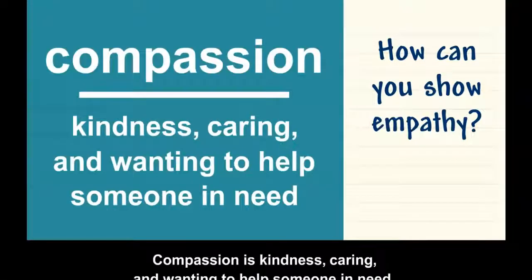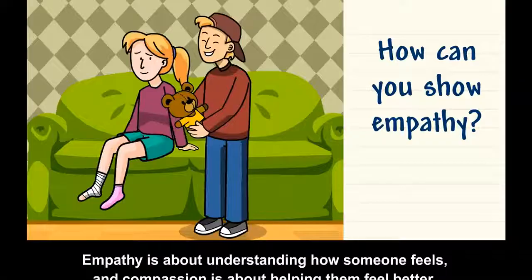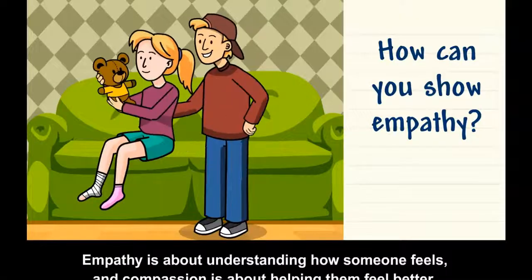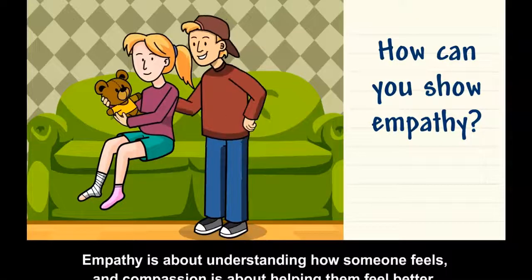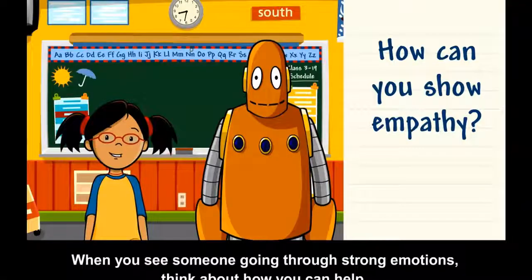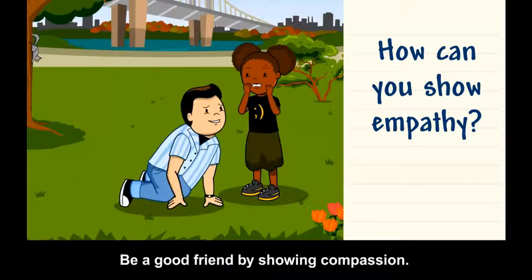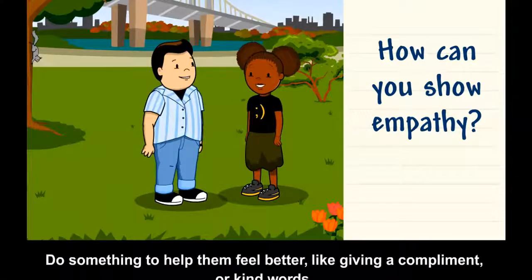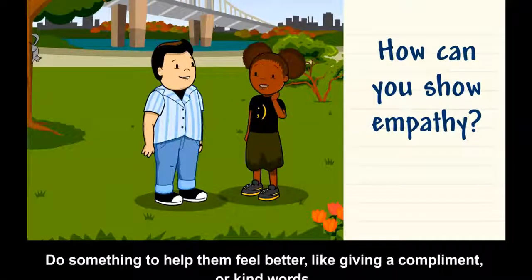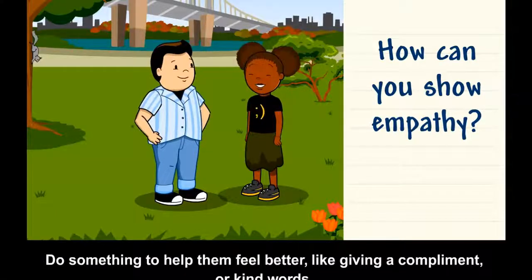Compassion is kindness, caring, and wanting to help someone in need. Empathy is about understanding how someone feels, and compassion is about helping them feel better. When you see someone going through strong emotions, think about how you can help. Be a good friend by showing compassion. Do something to help them feel better, like giving a compliment or kind words.